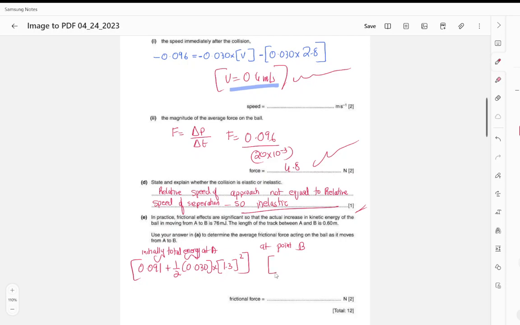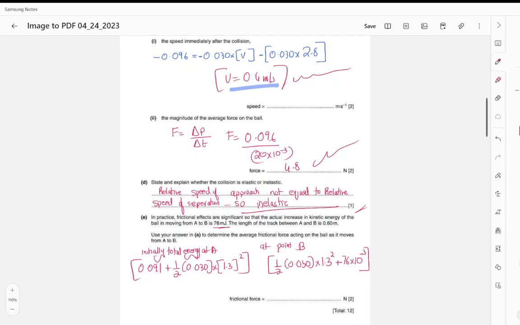We have the initial kinetic energy half 0.030 multiplied by 1.3 whole square plus this energy. We have some gain in kinetic energy, which is actually 76 millijoules. So the total kinetic energy at the end is actually 76 millijoules. So 76 into 10 raised to power minus 3. This is how we proceed. This is at point B.